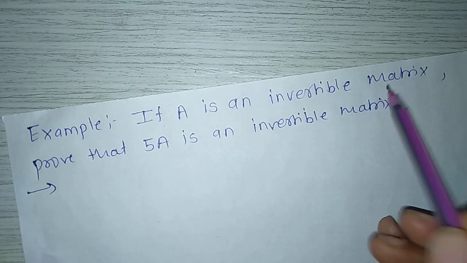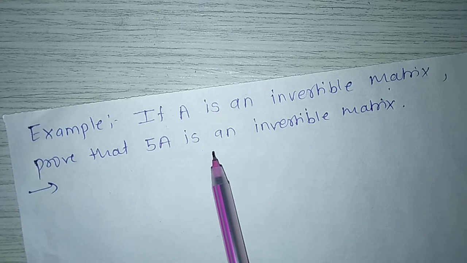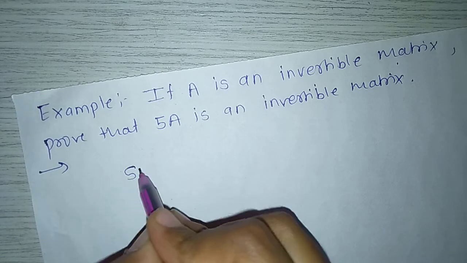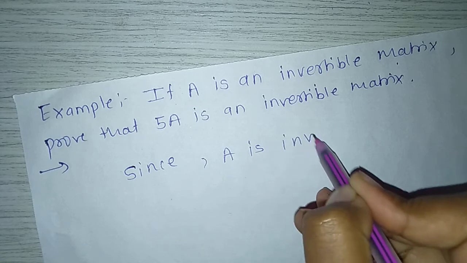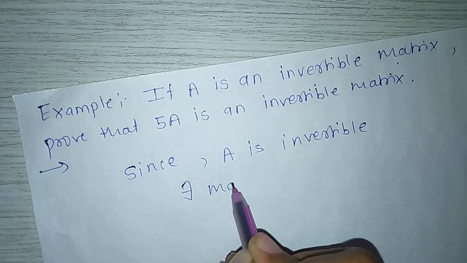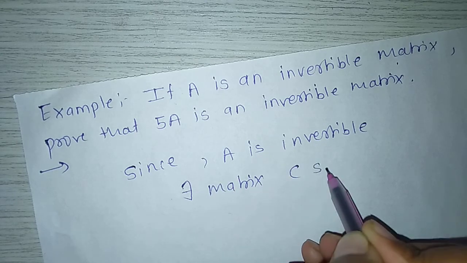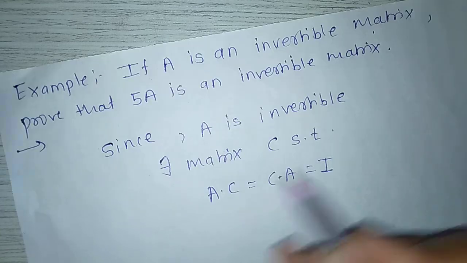Now next example. If A is an invertible matrix, prove that phi u A is an invertible matrix. Since A is invertible, there exists a matrix C such that A into C equal to C into A equal to identity.